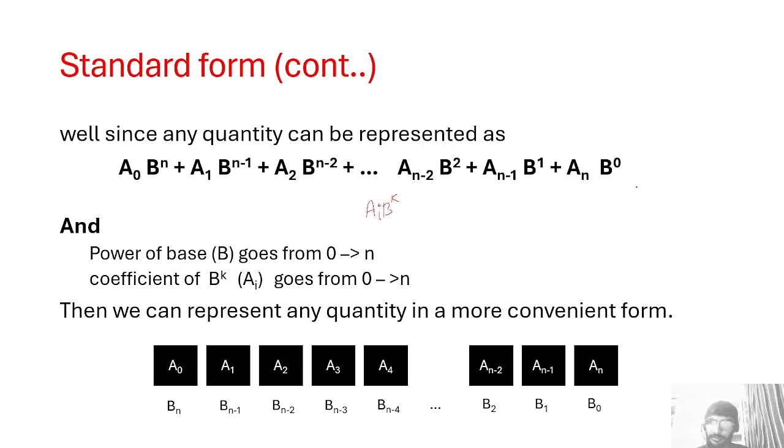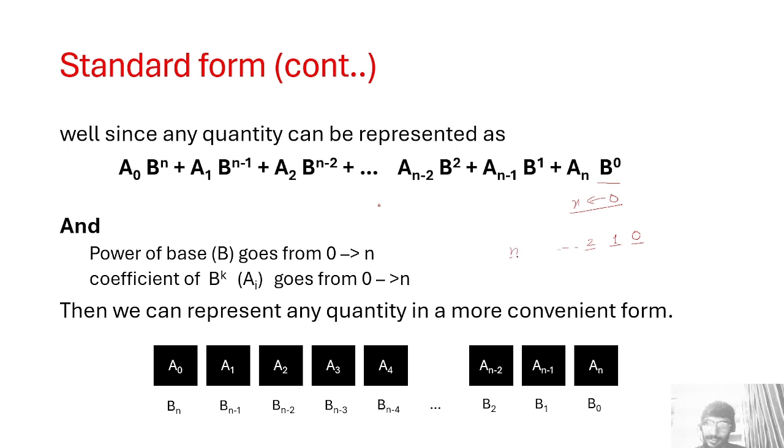But still it's not very convenient to represent a quantity, so we'll exploit this pattern of b power, the power of b going from 0 to n, and we can label them as positions. So first position is 0, second position is 1, third position is 2, and so on.